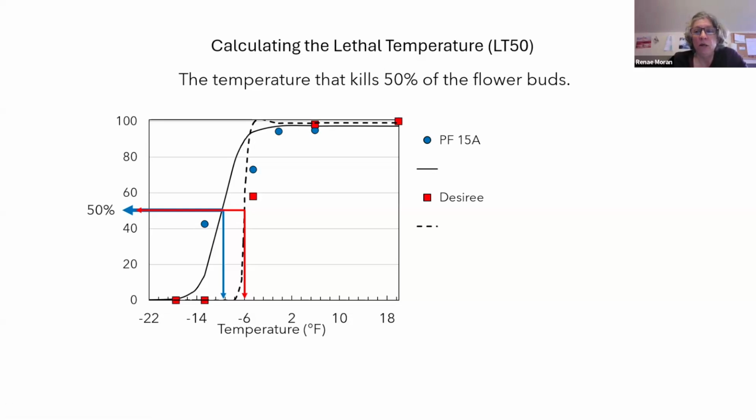We don't know ahead of time what this temperature is going to be, so we use this mathematical equation. And in the case of PF15A, the lethal temperature for 50% was -9, and it was -6 for Desiree. So this is the other way that I also compare the varieties.